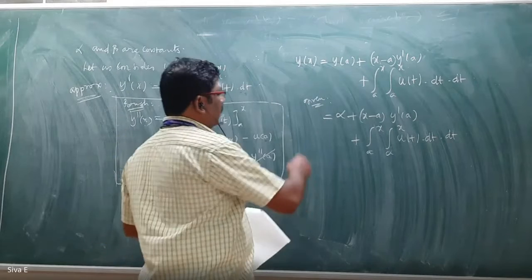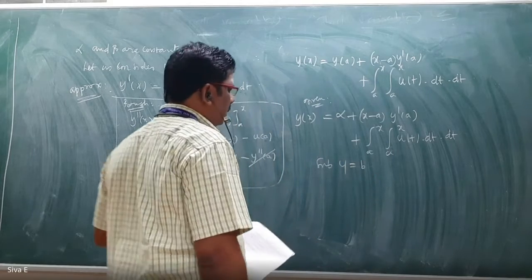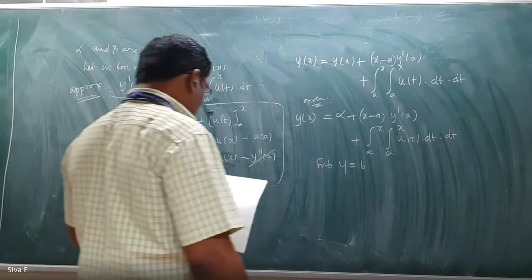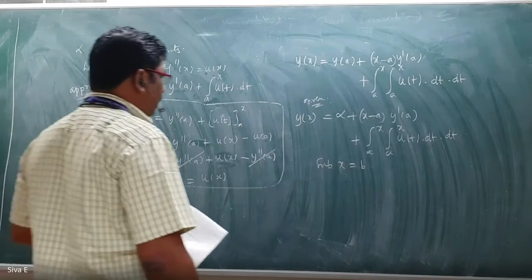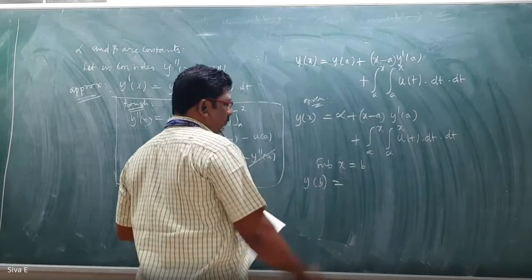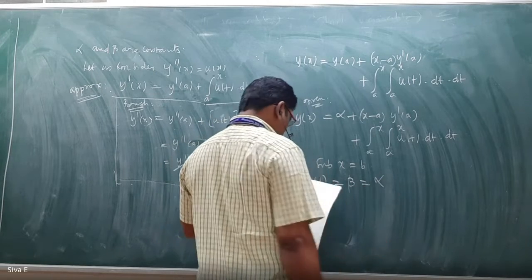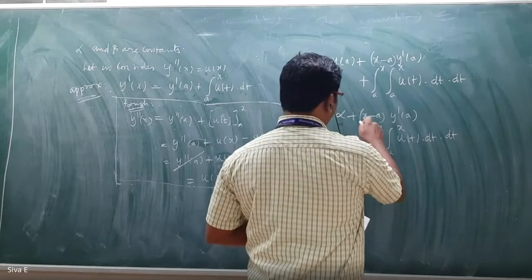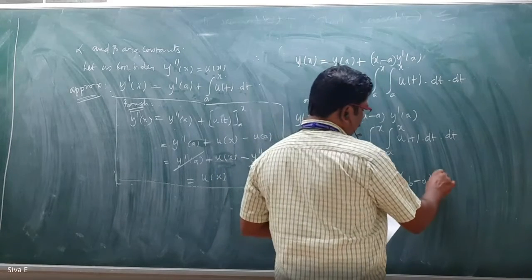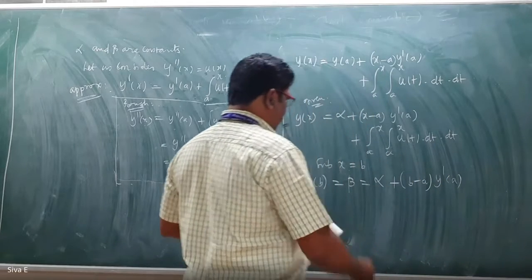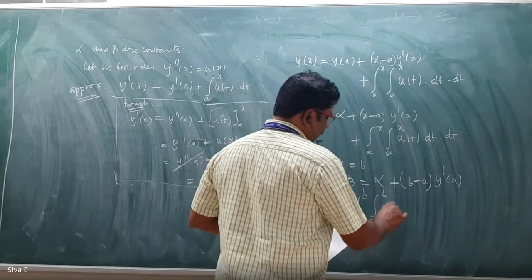Substituting x equal to b on both sides, we will get y of b equal to, that is beta, y of b is beta, that is equal to alpha plus, substituting x equal to b, b minus a times y dash of a plus integral over a to b of u of t dt dt.